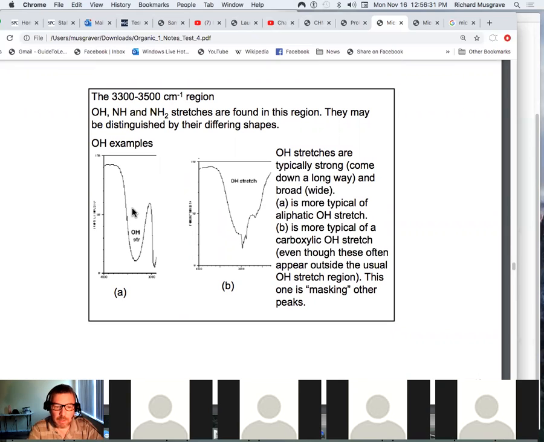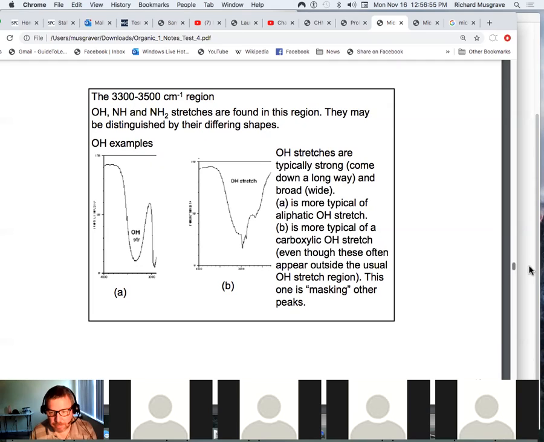But there are 2 things they have in common. They're both broad and they're both strong. It's just that in the case B, it's so broad that it actually comes over 3000. And that's going to be your carboxylic acid OH right there.